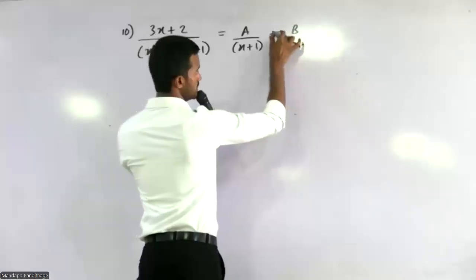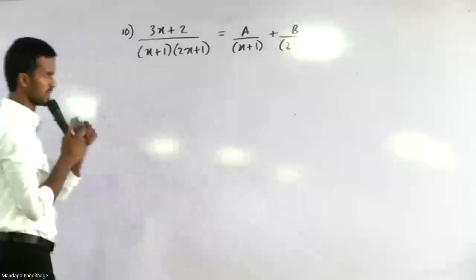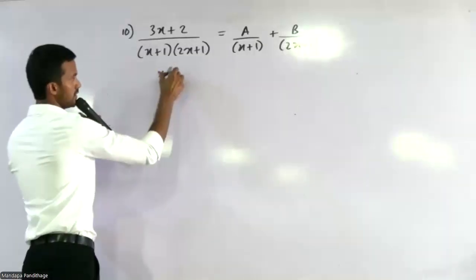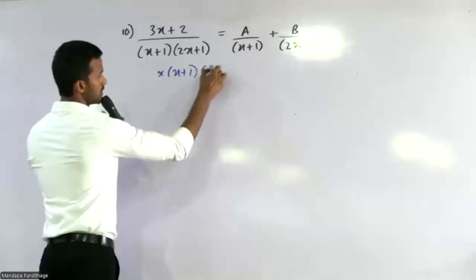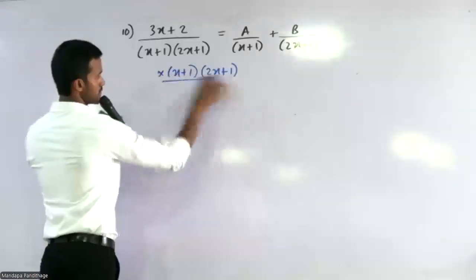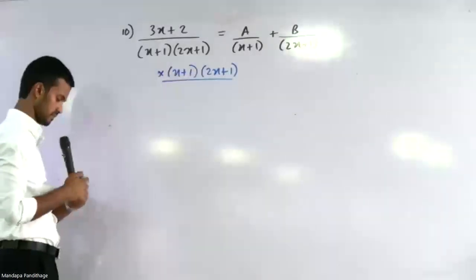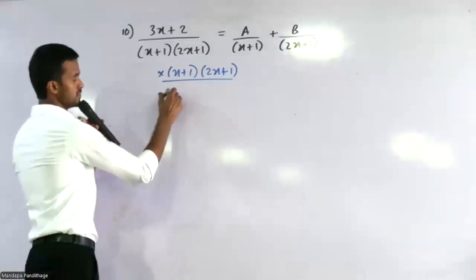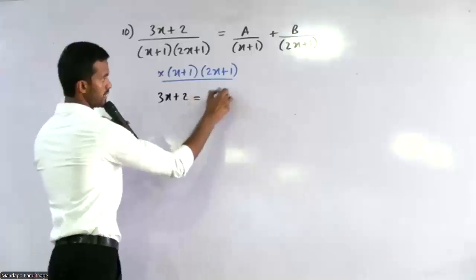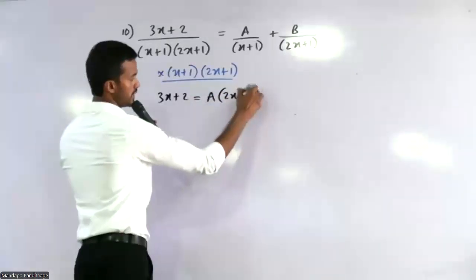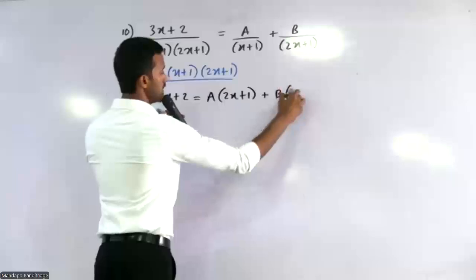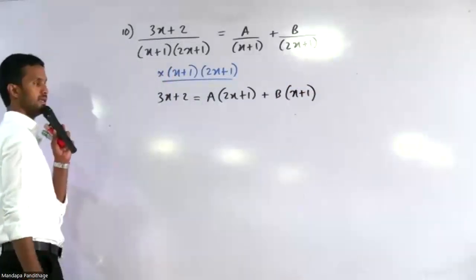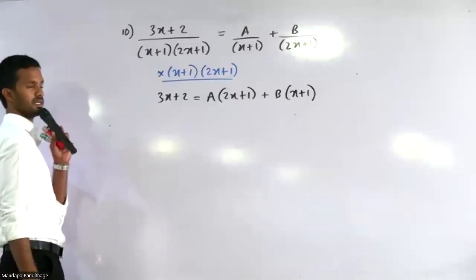Same drill, same thing, multiplied by x plus 1 into 2x plus 1. Then what is remaining here? It's 3x plus 2 is equal to a times 2x plus 1, b times x plus 1.